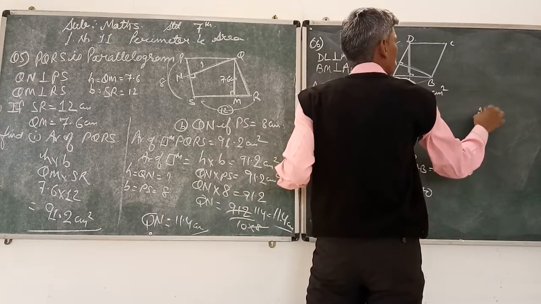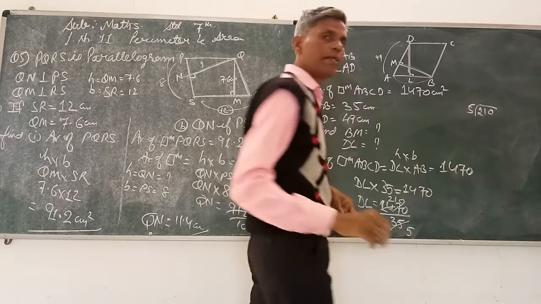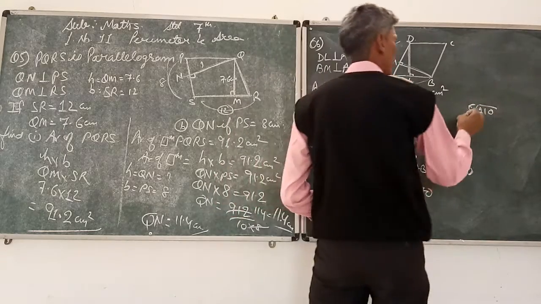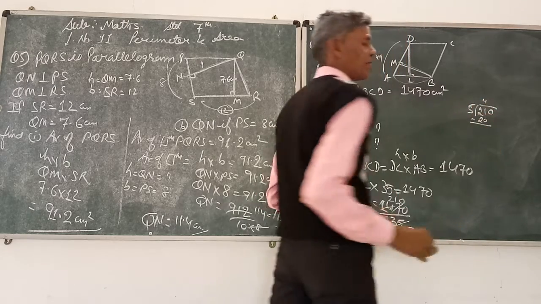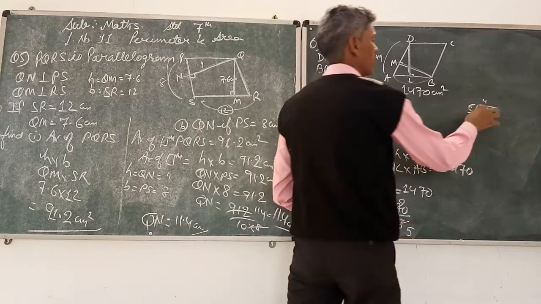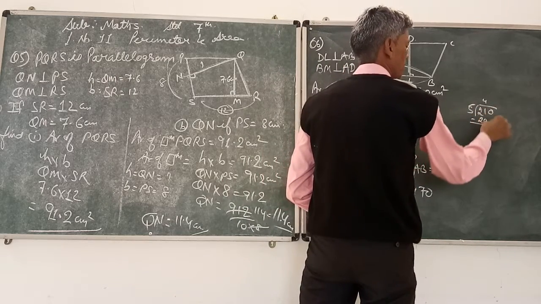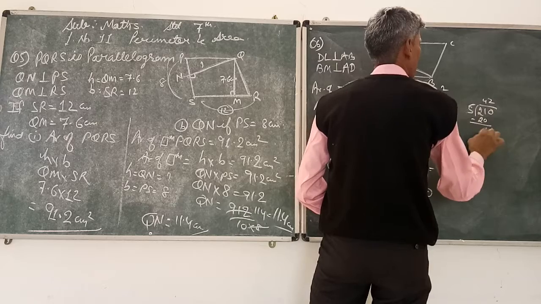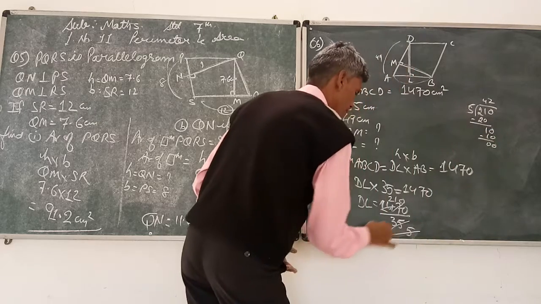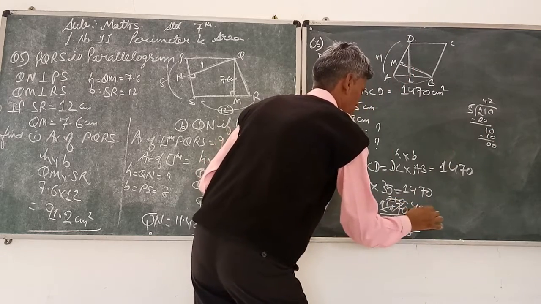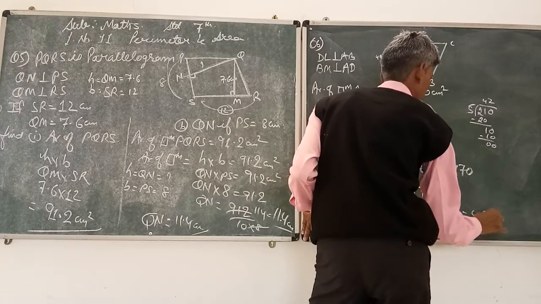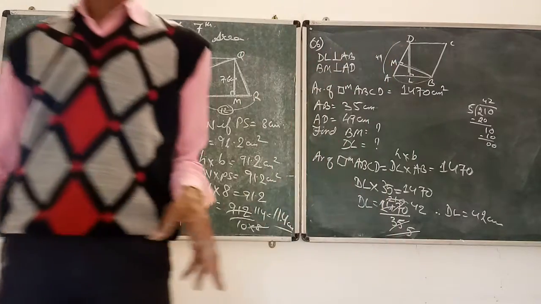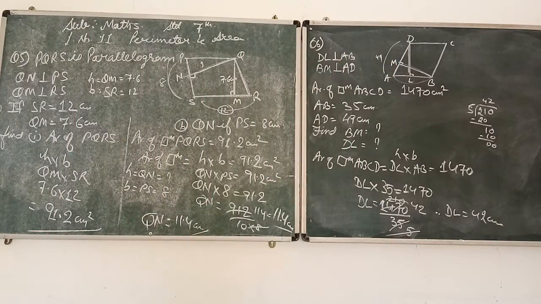You can divide this 210 by 5 on rough paper. 5 fours are 20. 21 minus 20 means 1. Bring this 0 here. 5 twos are 10. That means 42. Therefore DL is 42 centimeter. We got this altitude, that is DL.